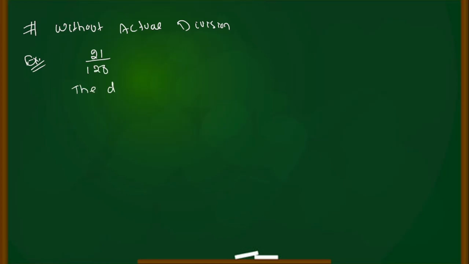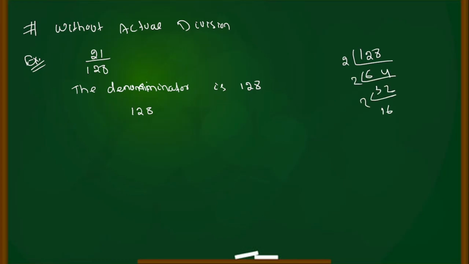Now the denominator is 128. Now simply find the prime factorization of 128. Okay, so for the prime factors of 128, first we divide by 2: 2 6s are 12, 2 4s are 8, then 32, then 16, then 8, 4, 2, then 1.